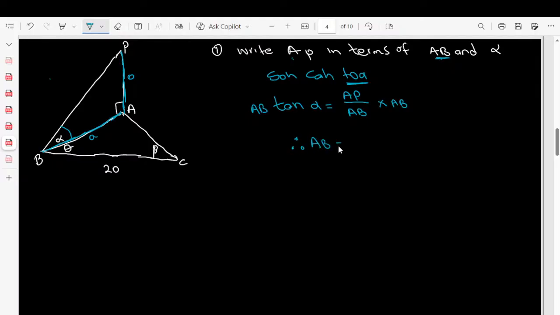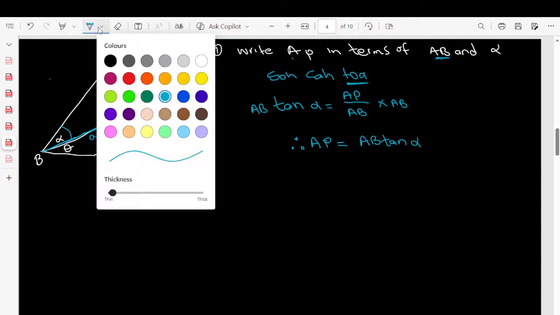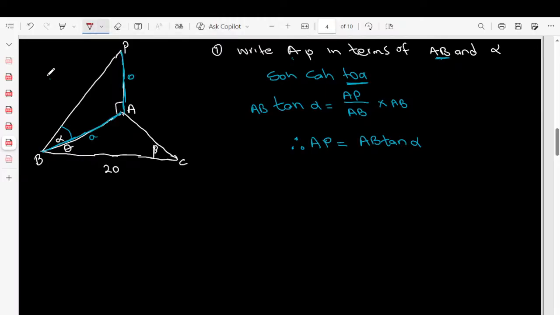Then the AB cancels this side, you are left with, you see now, AP equals AB tan of alpha. Then you are done. This is the end. We've expressed AP in terms of AB and alpha. So this is your answer.